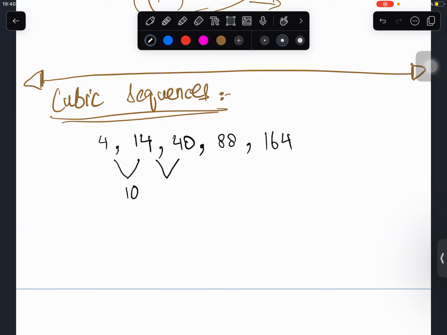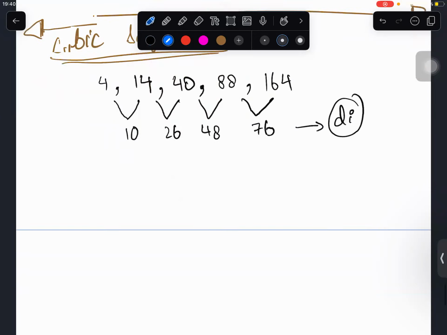Then the difference between 14 and 40 is 26. Between 40 and 88, it is 48. And between 88 and 164, it is 76. Okay, so this is the first level. Obviously, it's not common, so we'll keep digging more.